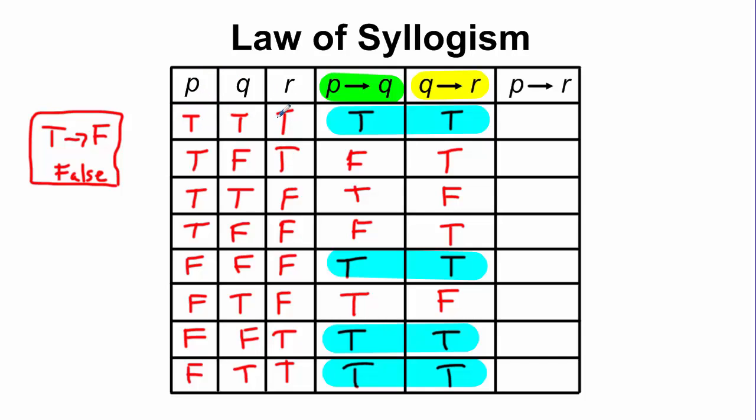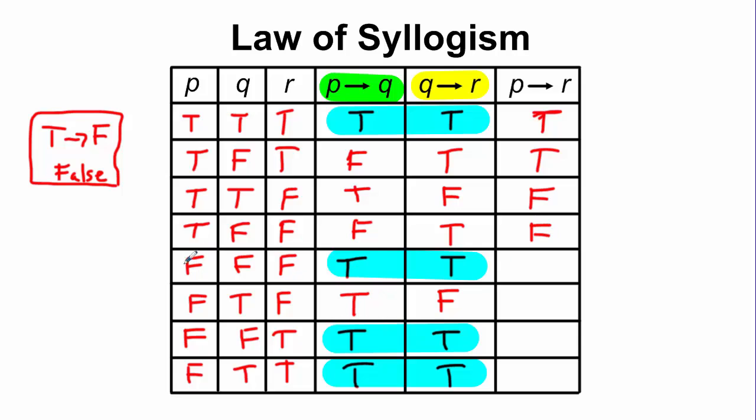So I have here true and true, that becomes a true. And here I have true and true, so that is also true. I have true and false, so if P is true and R is false, the overall conditional is false. Here I have true and false, so that overall conditional is false.